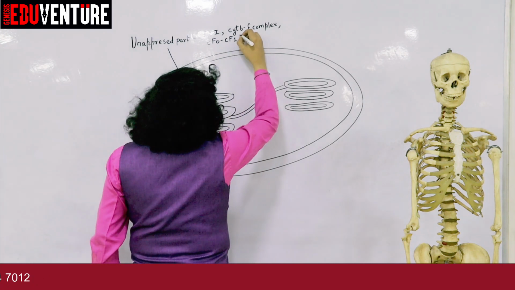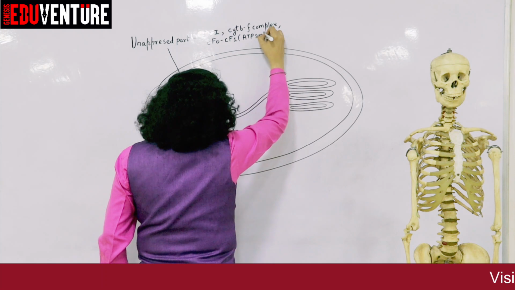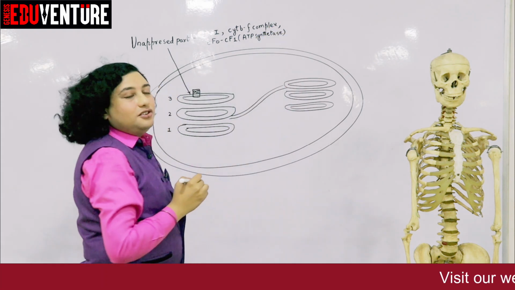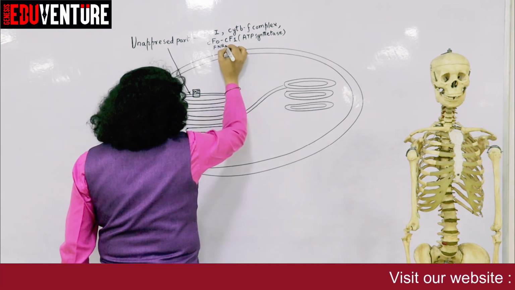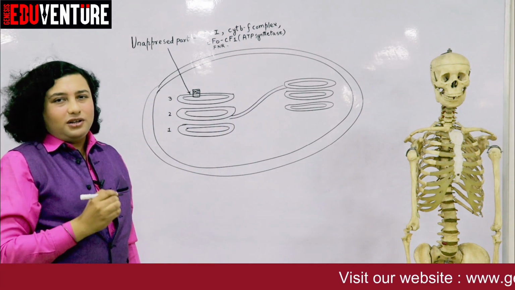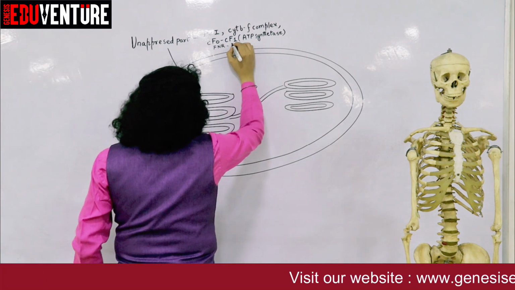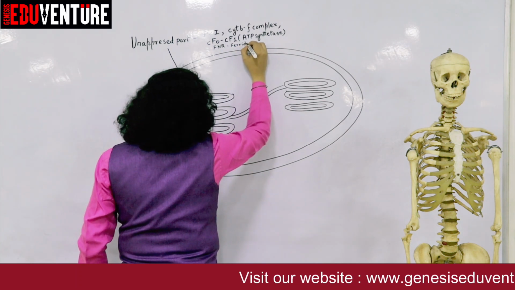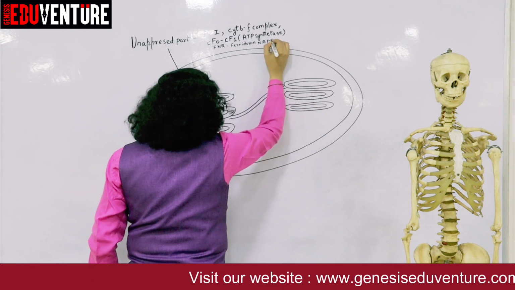Along with that, there is the presence of FNR. What is that? That is ferredoxin NADP reductase. You can simply call it NADP reductase. It is also present on the unappressed region. So, ferredoxin NADP reductase.